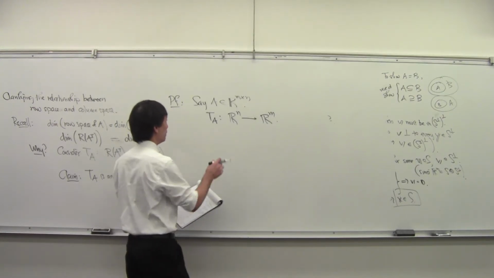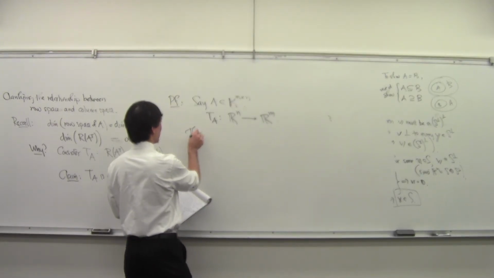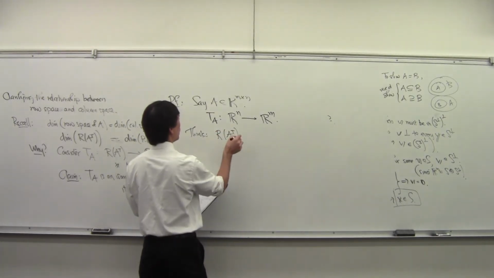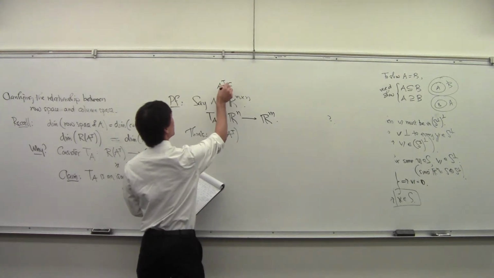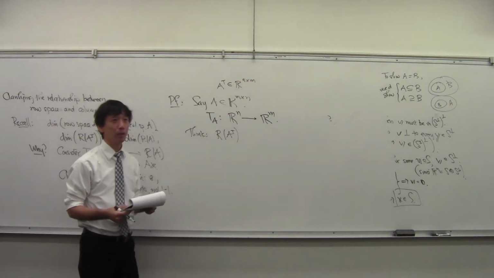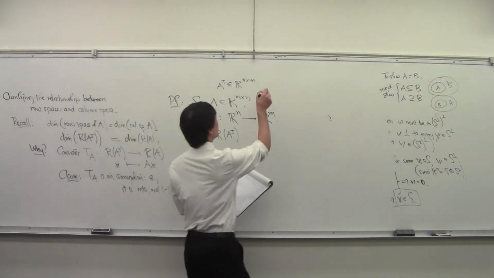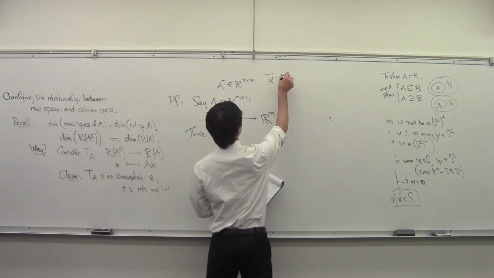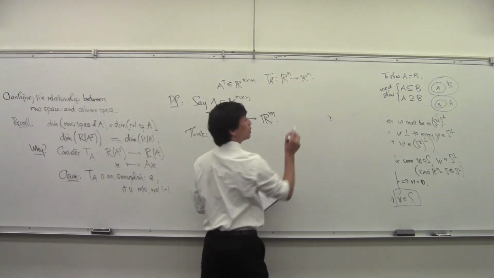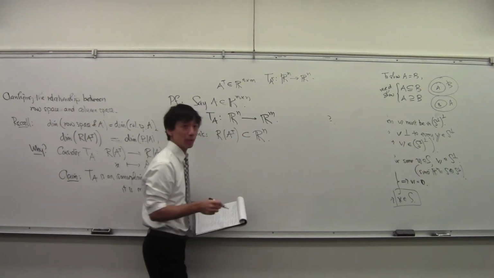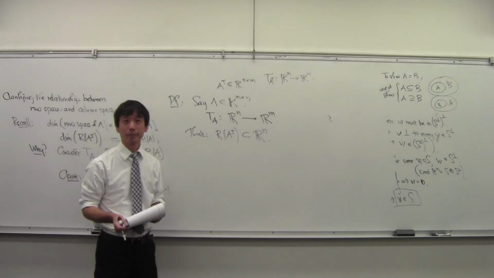Now think. The range of A transpose, well, A transpose is an n by m matrix, right? So A transpose goes from Rm to Rn. So the range of A transpose is in Rn, just to keep things clear.